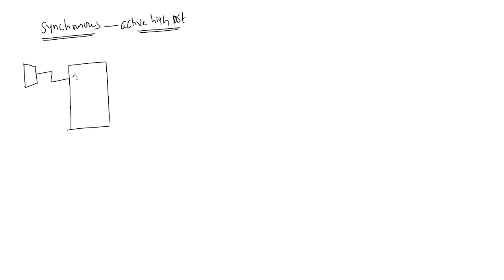This output is given to D, and here this is reset. So you have two inputs, 0 and 1. When reset equal to active high, that means when reset equal to 1, you are giving 0, and when reset equal to 0, you are giving the input.